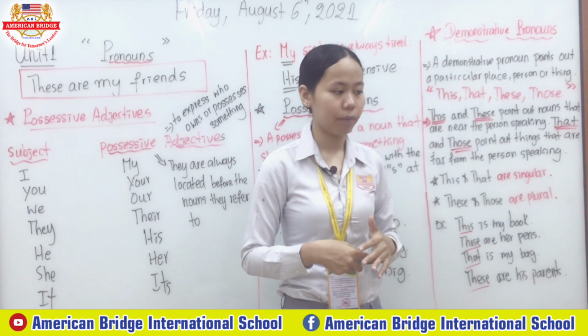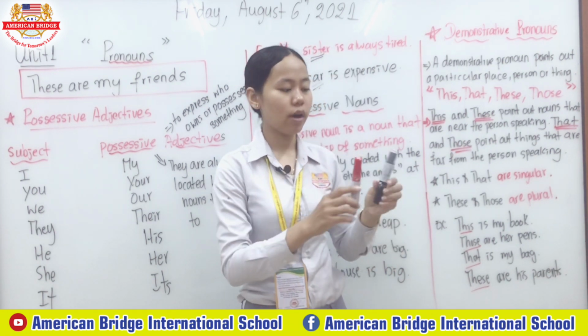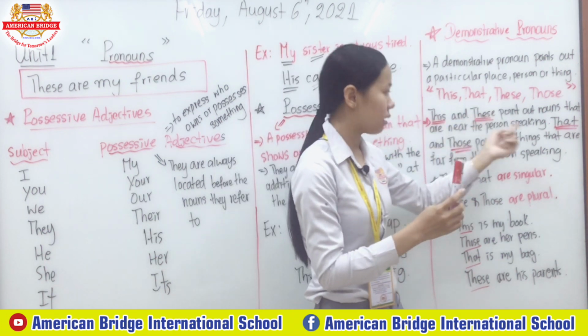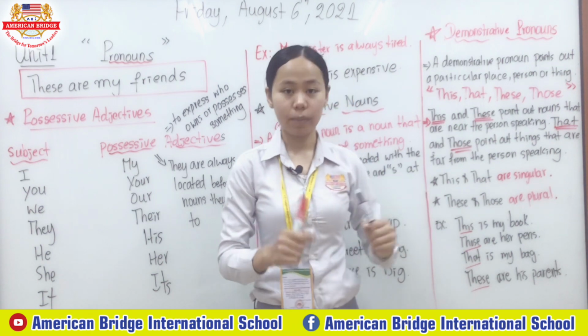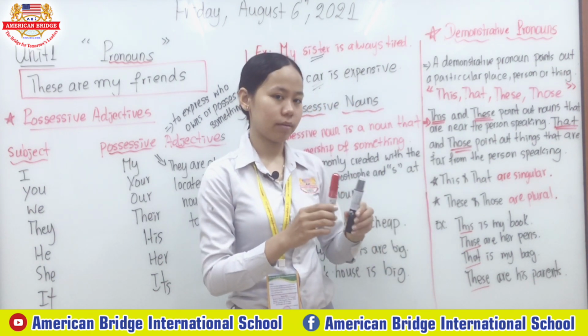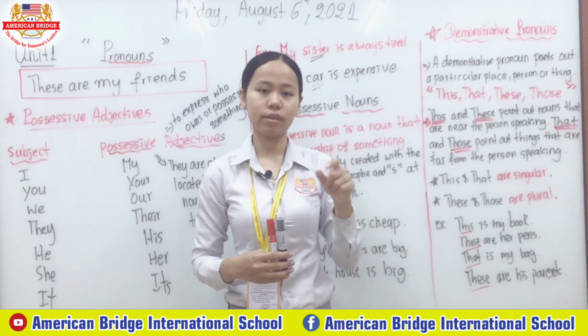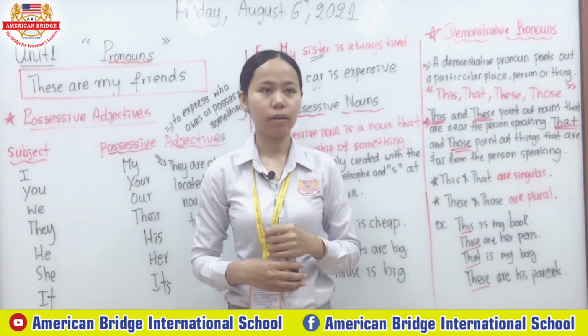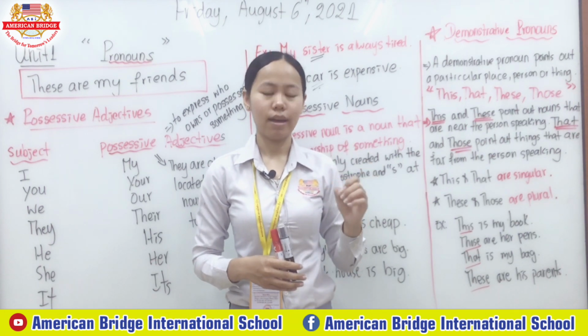It's plural. For example, these are my markers. So they are near me, so I use these. In Khmer, this we can translate as ni, while these we can translate as tiang nis.